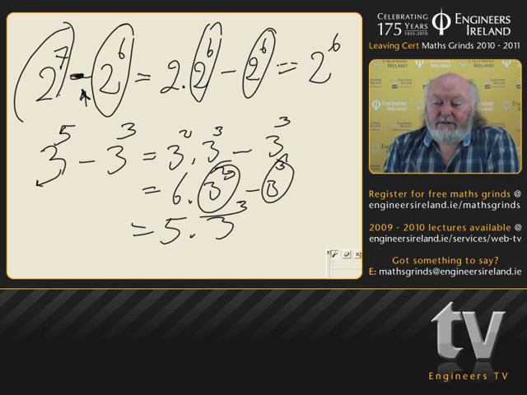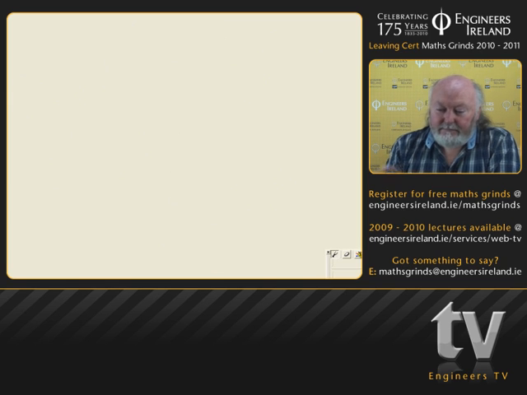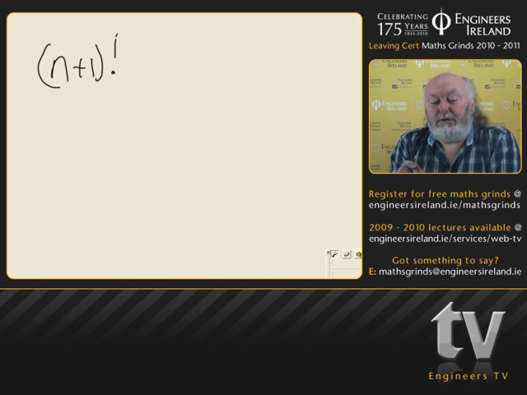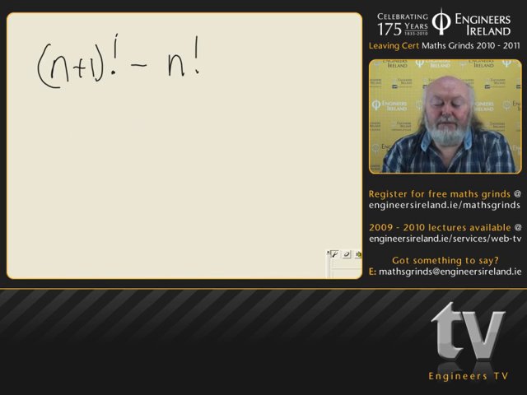Where else could you get this kind of thing? n plus 1 factorial minus n factorial. Okay? What you have to do is you look to see what you have. Clearly it's a term minus another term.